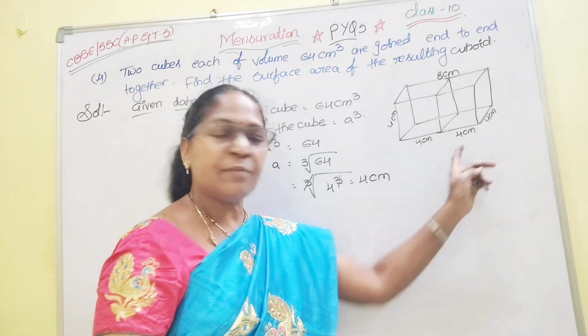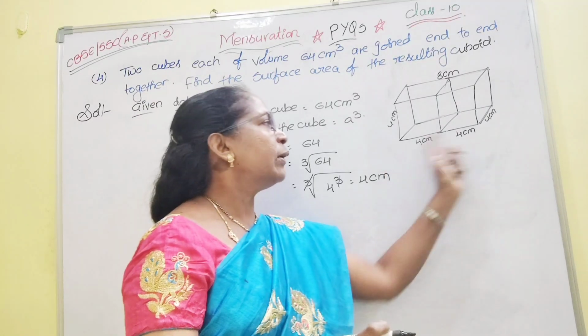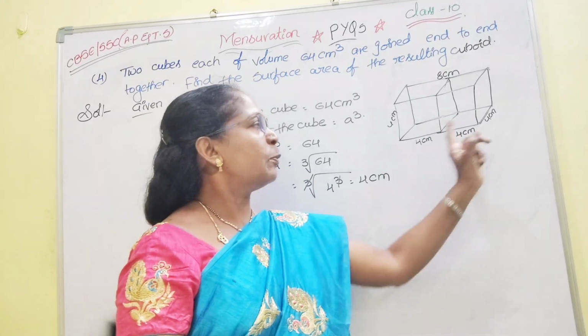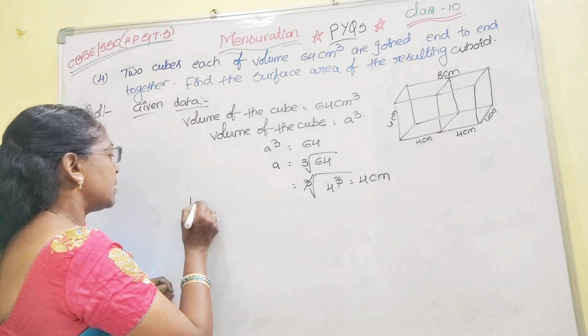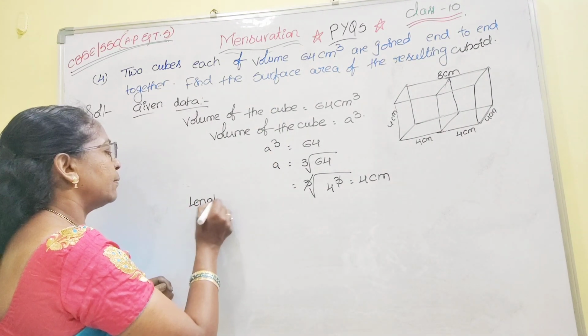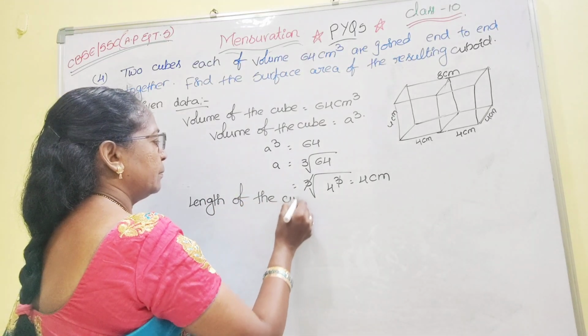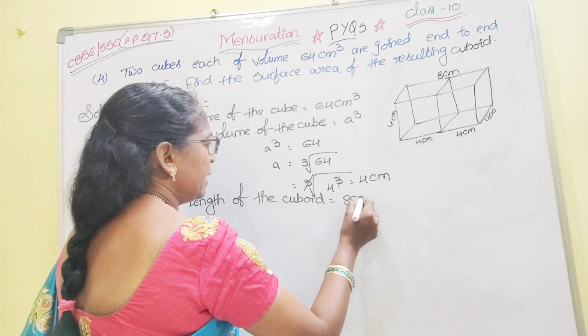Here 4, here 4. Whenever both are joined together, what is the total length of this cuboid? How much? 4 plus 4 equal to 8. So now write down the dimensions. Length of the cuboid equal to 8 centimeters.